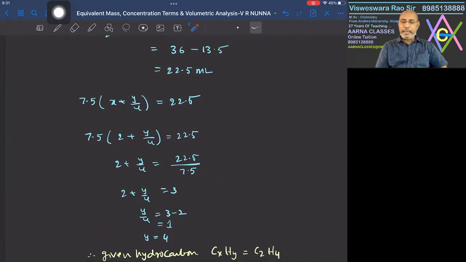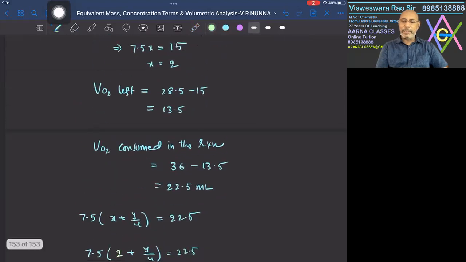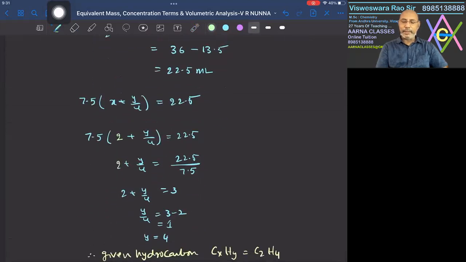So I'm going for the calculation part now. Why have I written here X is equal to 2? I already got X, that's why I simply wrote it there. So in the place of X, because I already got that, I substituted 2 here. This is 7.5, I will take this side, that means 22.5 by 7.5, this is exactly 3.